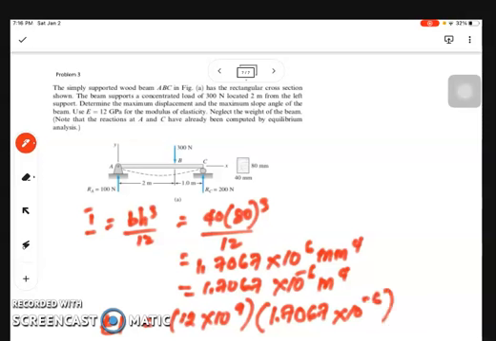So this gives us the value of 20.48 times 10 to the 3rd Newton meter squared. So we have now our flexural rigidity.